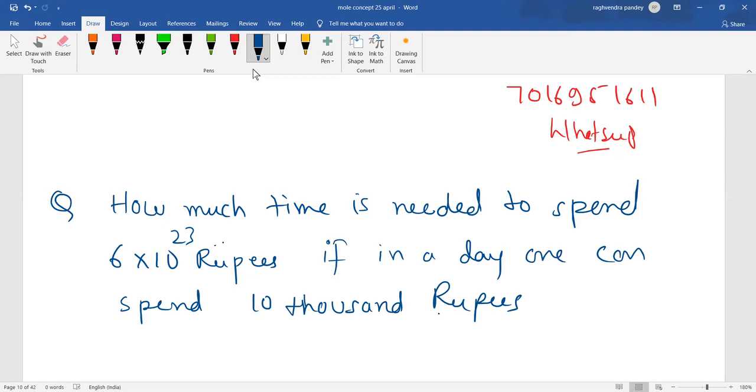How much time is needed to spend 6 into 10 to the power 23 rupees if in a day one can spend 10,000 rupees? You can find the time in days, months, or years, it's your wish. If you find it in years, how many years are needed to spend this much of rupees, that is your Avogadro number. Okay, got it. 6 into 10 to the power 19 days.